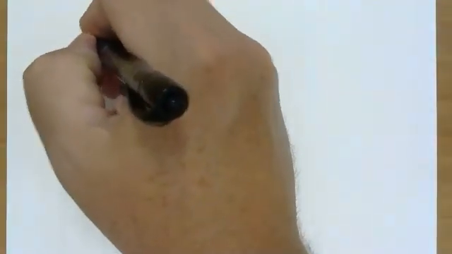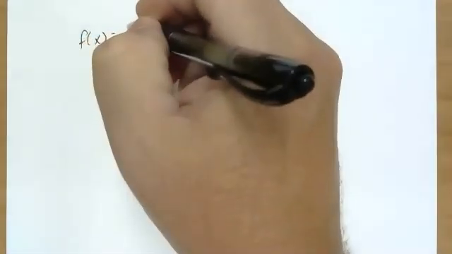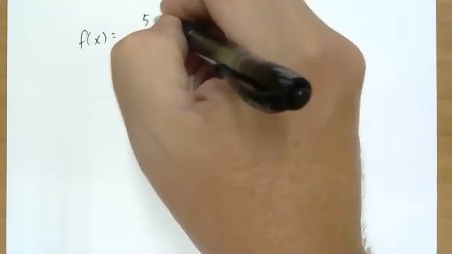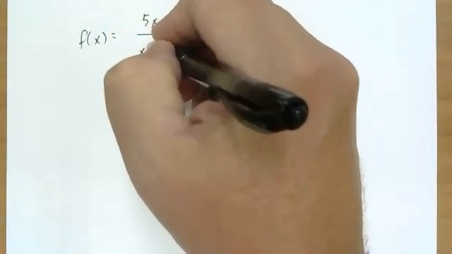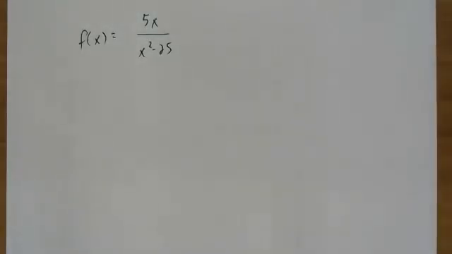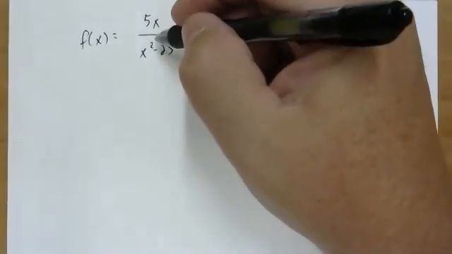A couple more quick examples now that I've tried to beat that horse. How about f of x equals 5x over x squared minus 25. Rational expression.